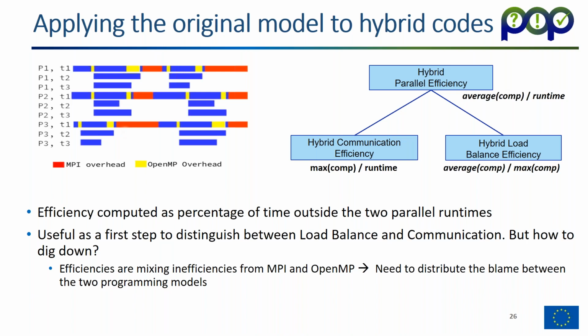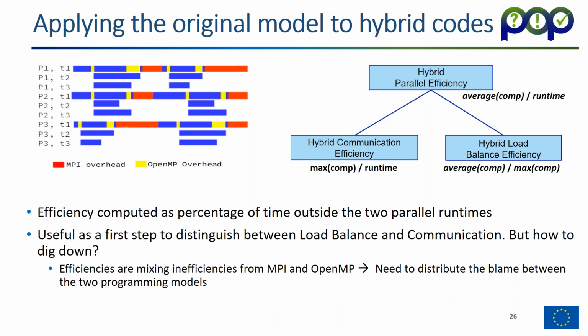And communication efficiency measures the weight of the communication in the execution, and is computed as the percentage of time computing. As you have seen, the formulas of these 3 metrics have nothing specific related to MPI. So I can directly apply them to any paradigm, to any version of my code.